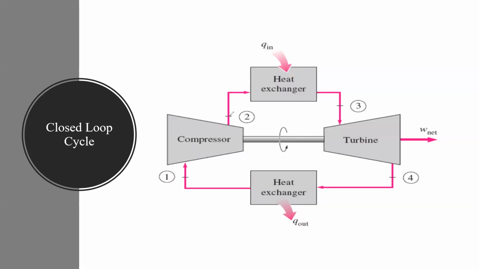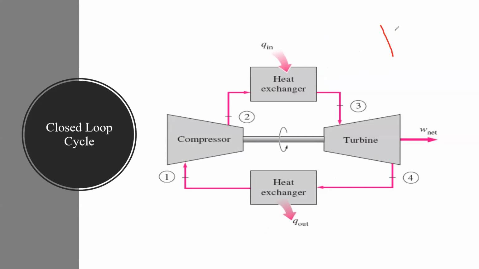Now when I compress this air into this heat exchanger, what is the function of the heat exchanger? The heat exchanger enhances the temperature of this air, so my temperature increases. In this closed loop cycle, two processes are performed.